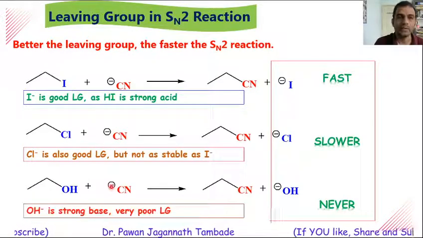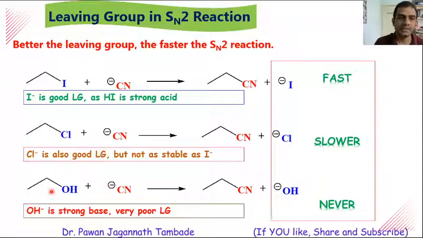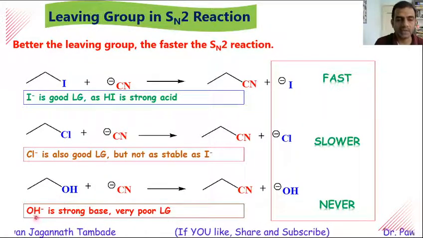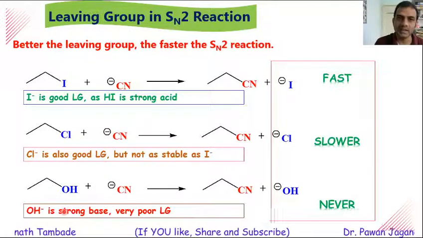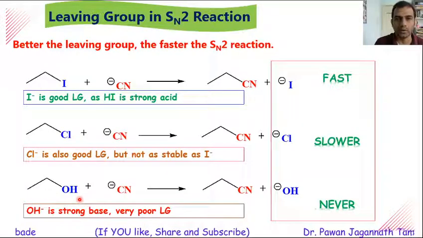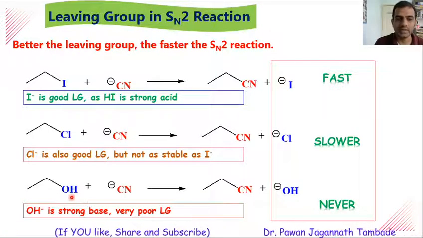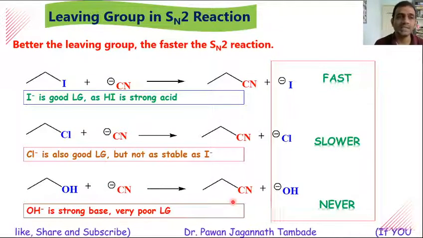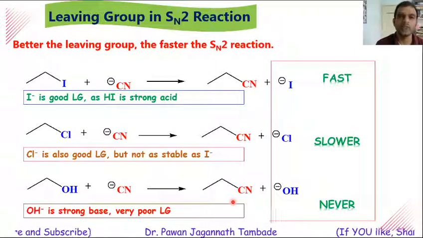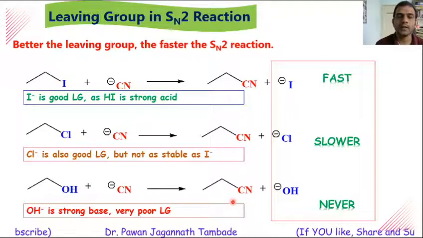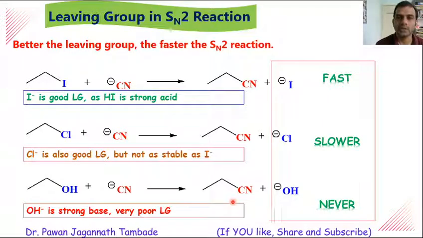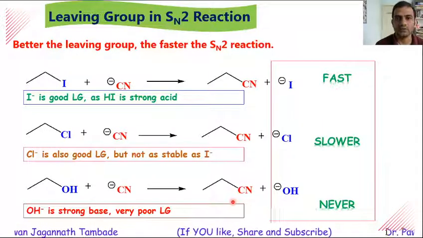And if you look at the last reaction, in this case OH minus is the leaving group, but OH minus is a strongly basic species, and because of that it is a very poor leaving group, and as a consequence this reaction never happens. So this is the effect of leaving group in SN2 reaction. Do remember, if we have a better leaving group, then it undergoes SN2 reaction faster, and vice versa.